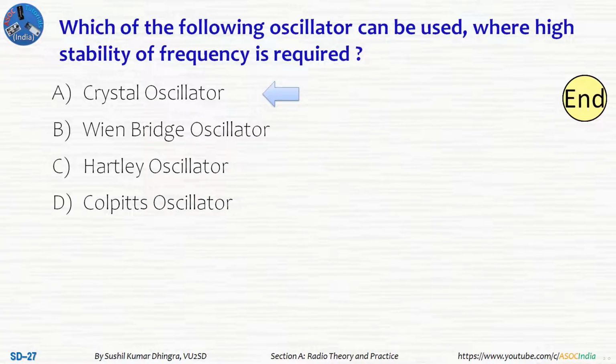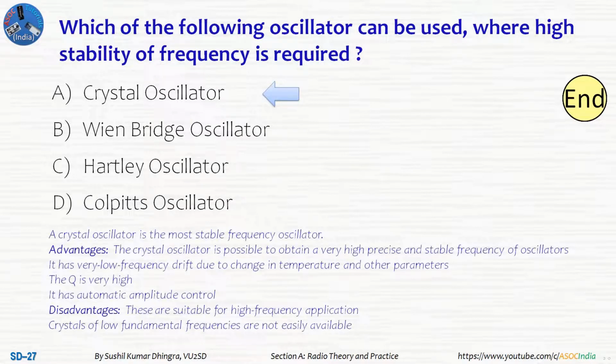Already I told you crystal oscillator is the more stable form of oscillator. And in crystal oscillator there are advantages also and disadvantages also. You can read it. I have already mentioned it on your screen and also explained in previous slides, previous sessions also.